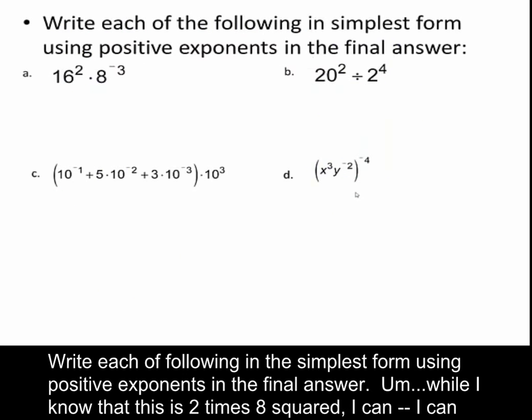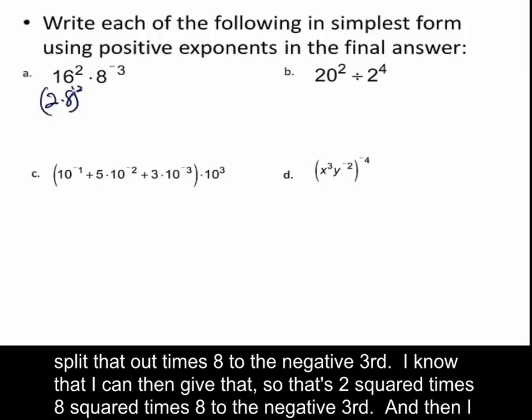Write each of the following in simplest form using positive exponents in the final answer. Well, I know that this is 2 times 8 squared. I can split that out times 8 to the negative third.